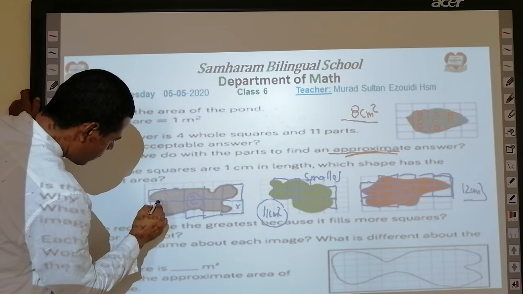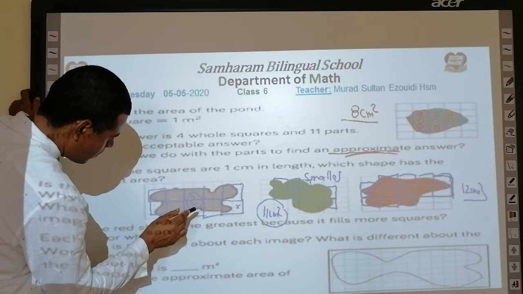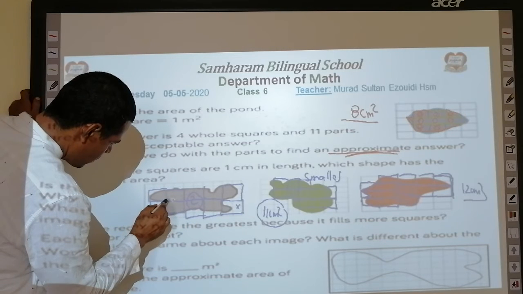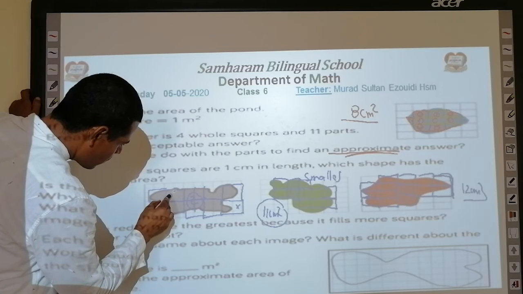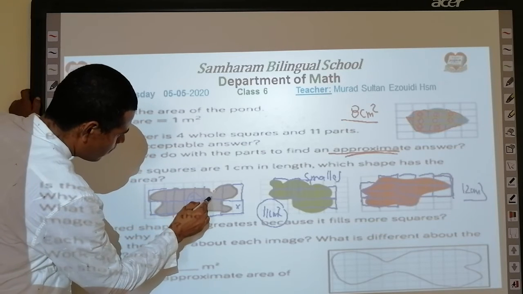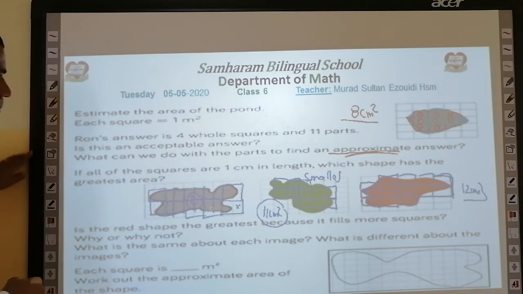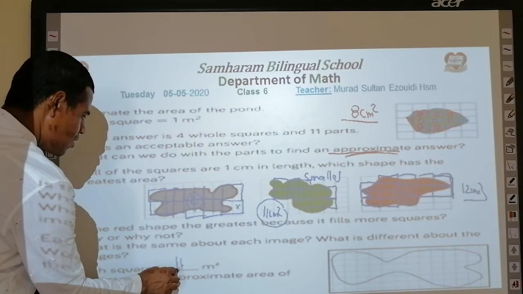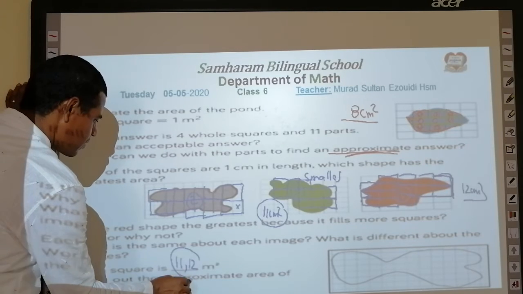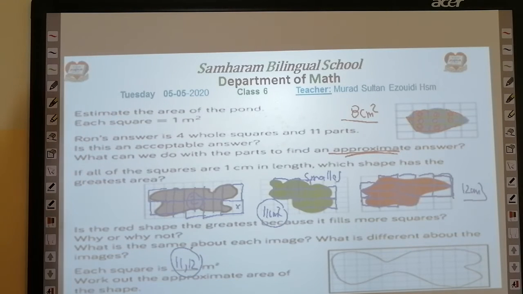Okay. 1, 2, 3, 4, 5, 6, 7, 8, 9. So okay, x square is approximately about 11 to 12 centimeters squared, approximately.